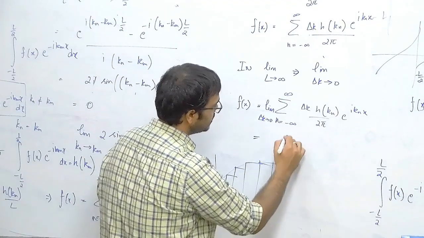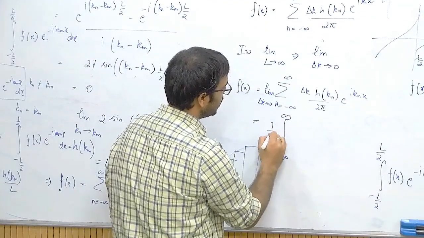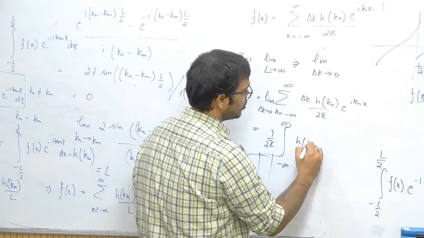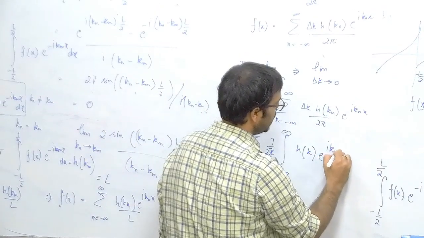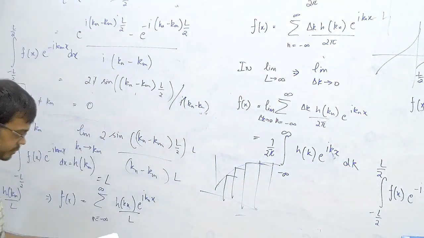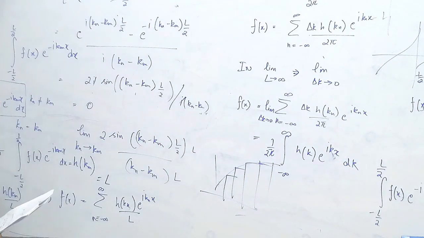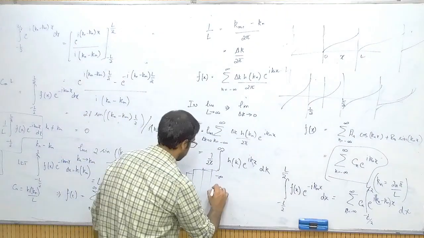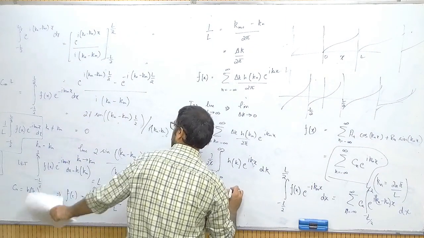So, this is essentially the integral from minus infinity to infinity of 1 by 2 pi h of k e to the power i k x dk, where h of k is what I had defined.